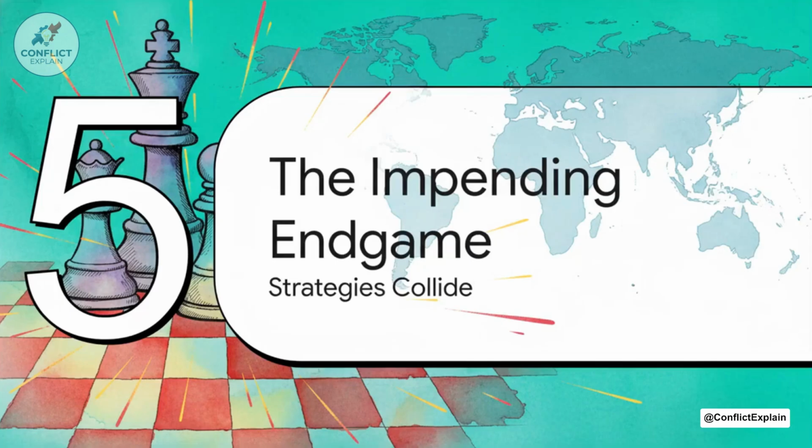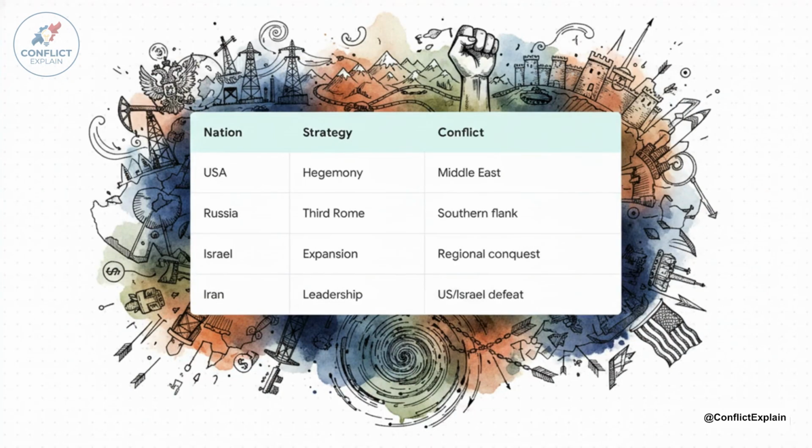Which brings us to Section 5, the impending endgame, where these grand strategies finally collide. Okay, let's look at this final matrix. We've laid out the pieces. Now imagine what happens when these four grand strategies are forced to share one shrinking global board. Let's walk through it. The U.S. requires perpetual global reliance on its dollar and energy to maintain hegemony.